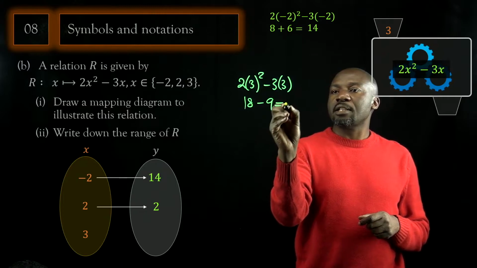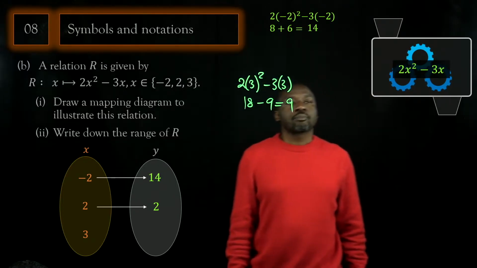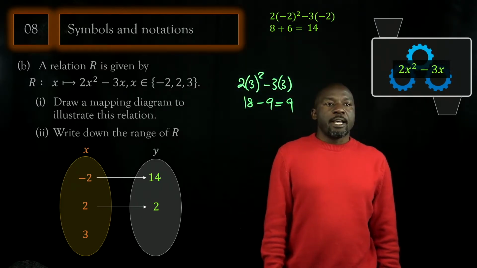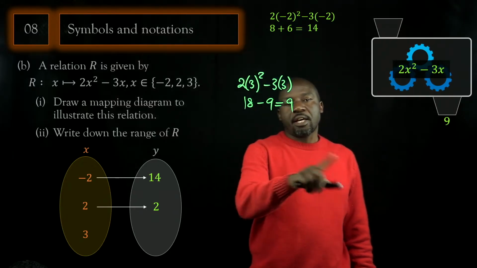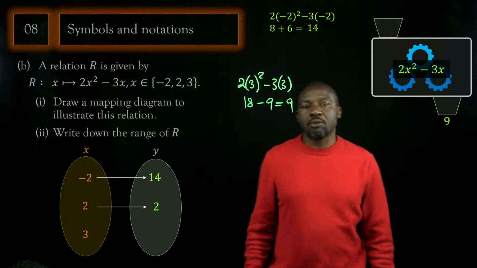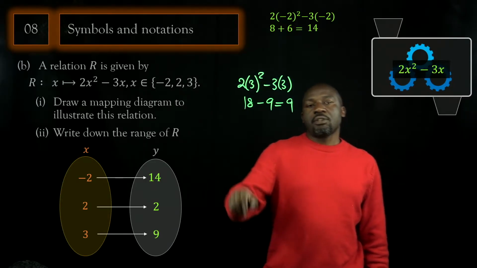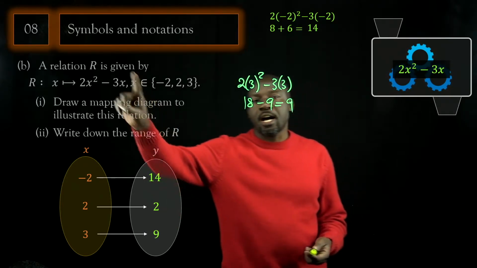So we expect the result to be a 9 when we feed this into the machine. We'll have a name for this machine later. So we expect a 9 out there, and that 9 goes outside, and we draw a mapping for it. And so this is the mapping diagram for the relation R.